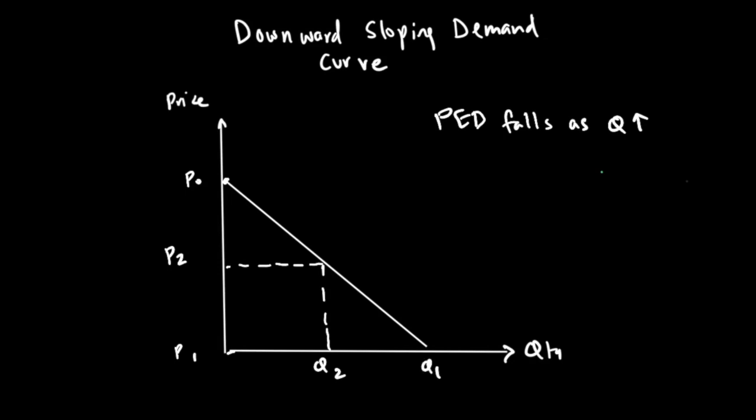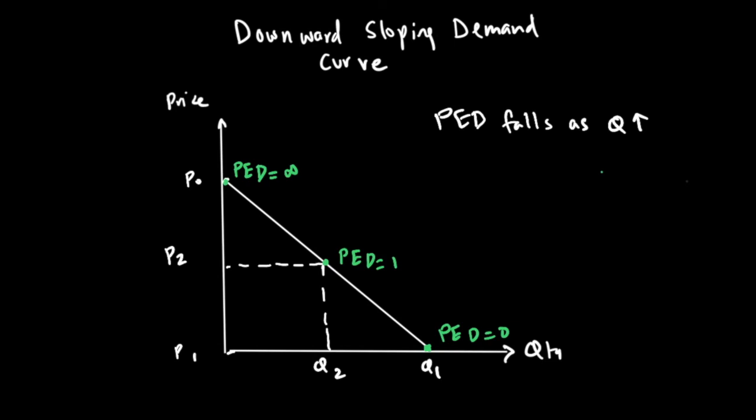So if you look at P naught, at this point, my PD of this demand curve will be infinity. But at this point, the very end, my PD will be 0. So PD is actually falling from infinity to 0 throughout the length of the demand curve. And right in the middle, my PD will be equal to 1.